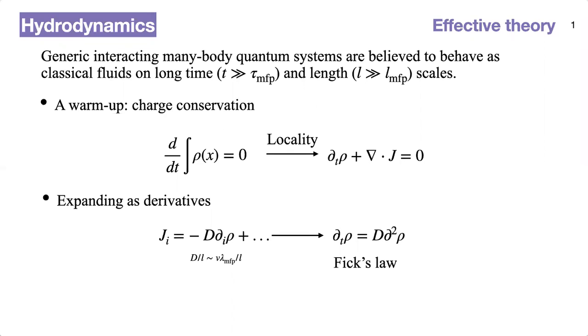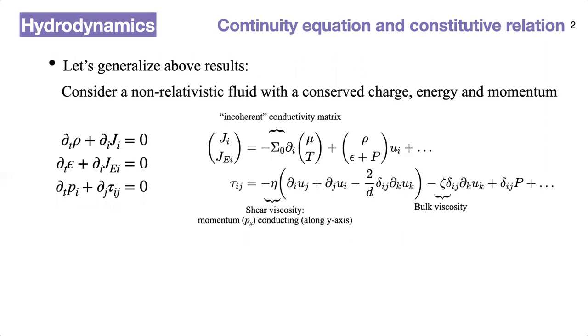To the leading order, plugging back into the continuity equation, we get Fick's law, also called the diffusion equation, and D is the diffusion constant. This equation describes the late time dissipative dynamics of the charge density, since the D coefficient here breaks time reversal symmetry. Okay, so that's for charge conservation.